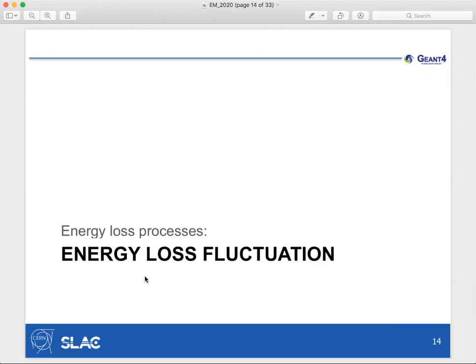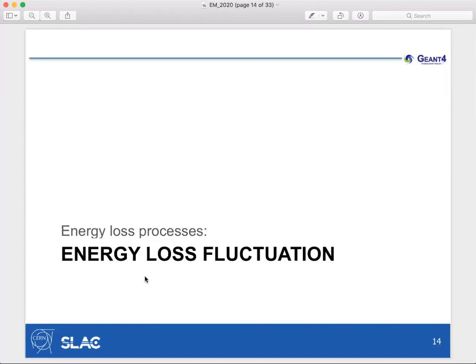So far we have been discussing a secondary production threshold, and I mentioned that the subthreshold secondary gamma production in Bremsstrahlung, or the subthreshold secondary electron production in the case of ionization, is described by the corresponding quantity, mean energy loss per unit length.